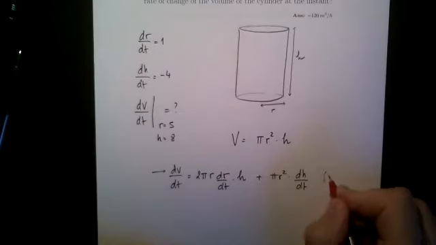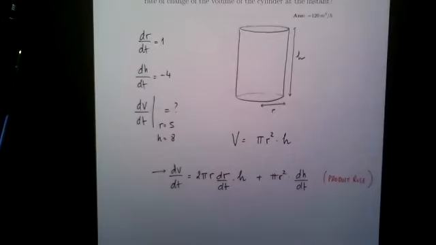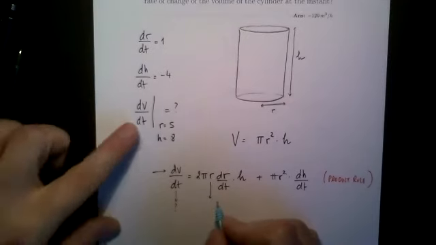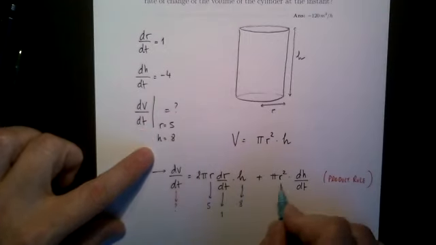So I'll write here. I think everything else is given. The radius, they told me it's 5. dr/dt, they tell me it's 1. Height, they tell me it's 8.